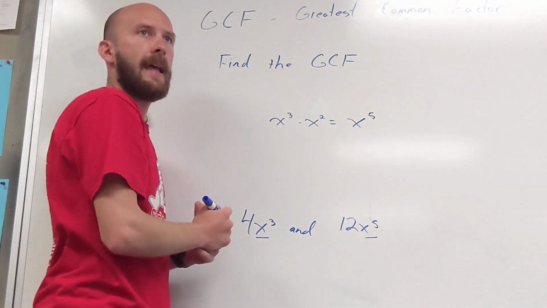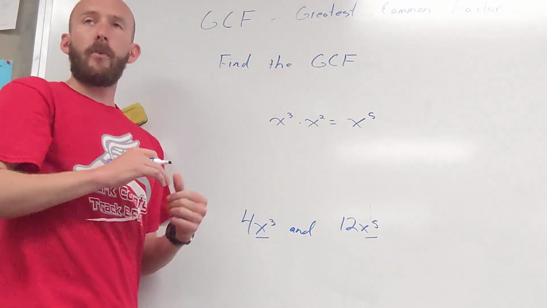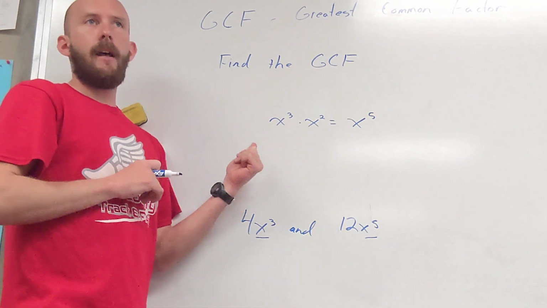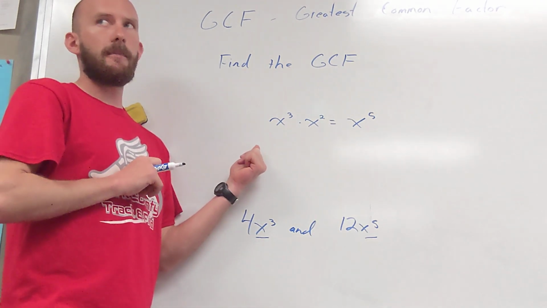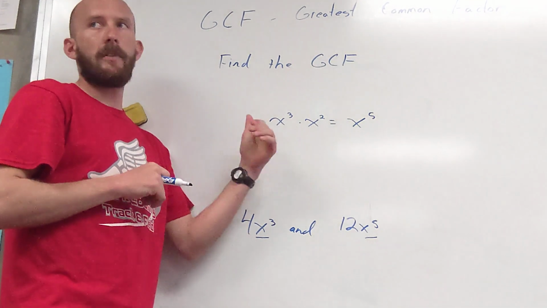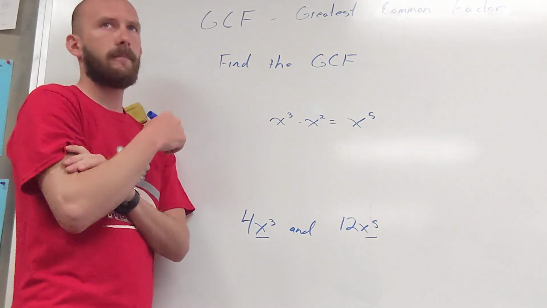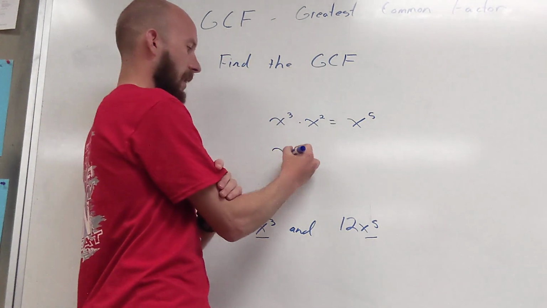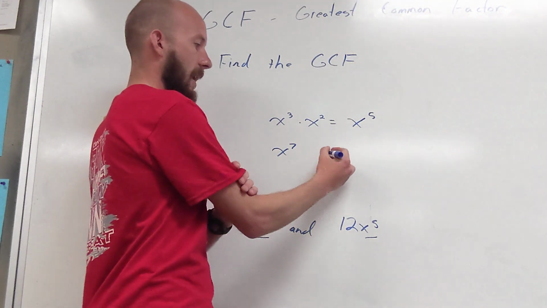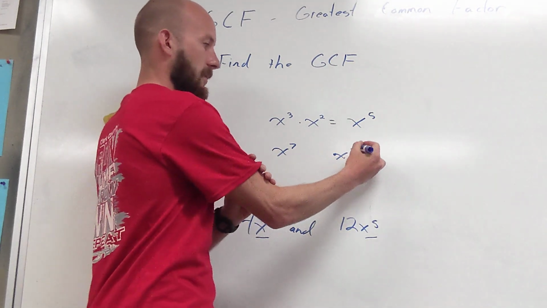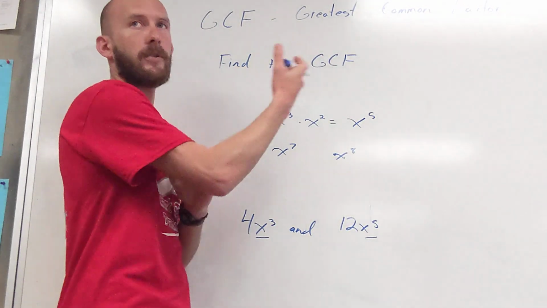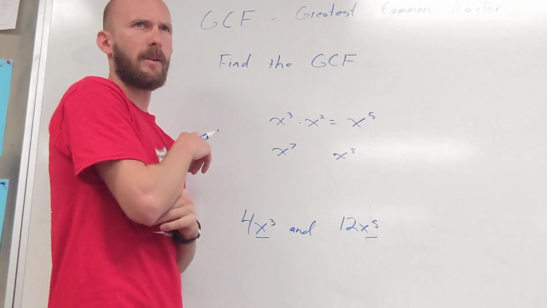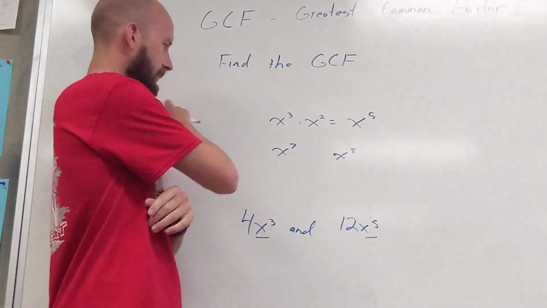Right? With your variables, any exponent is going to be a factor of that same variable with any exponent that's bigger than that. So what that means is, x to the 7th is a factor of x to the 8th, because I can just multiply it by an x. Does that make sense?